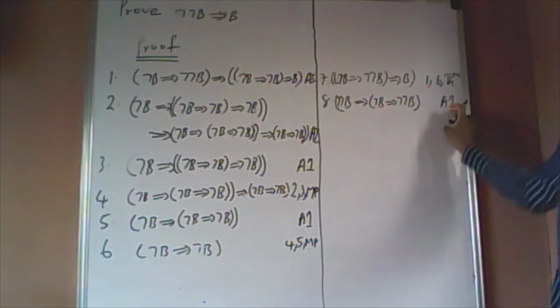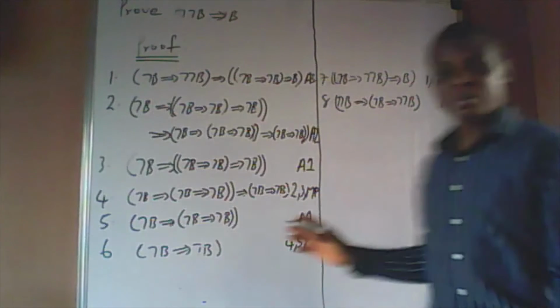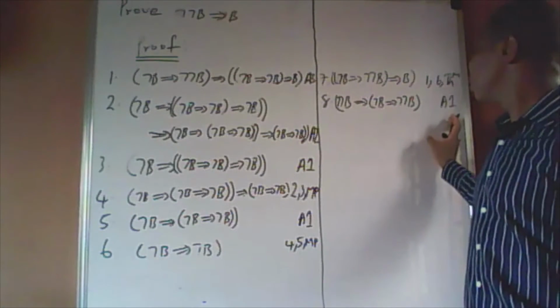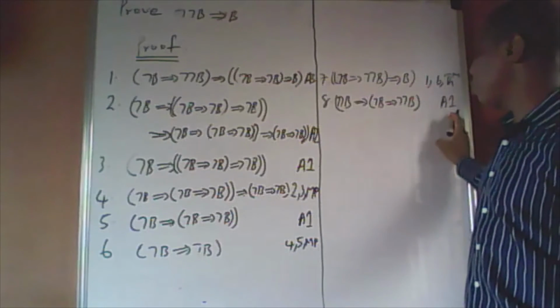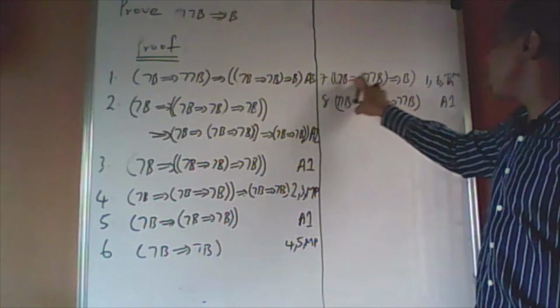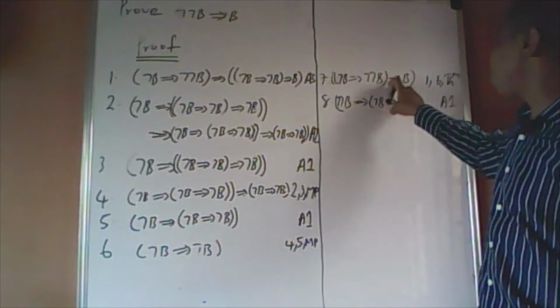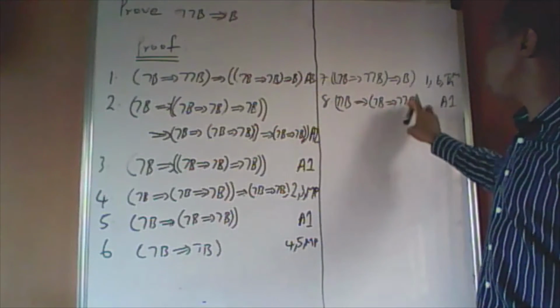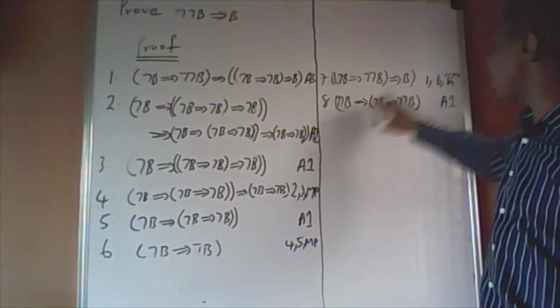This is axiom 1. Since we have already introduced axiom 1, not B implies not B implies B, and also not B implies not B implies not B. That means this implies this and this implies this.